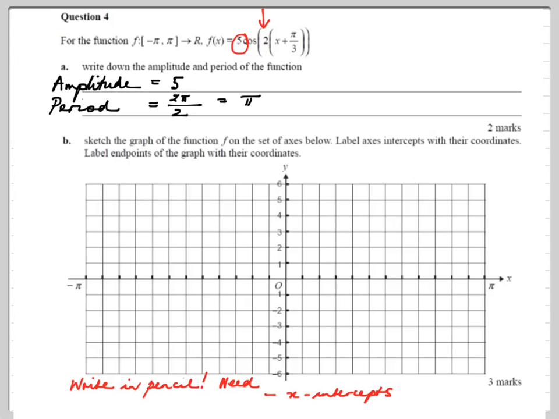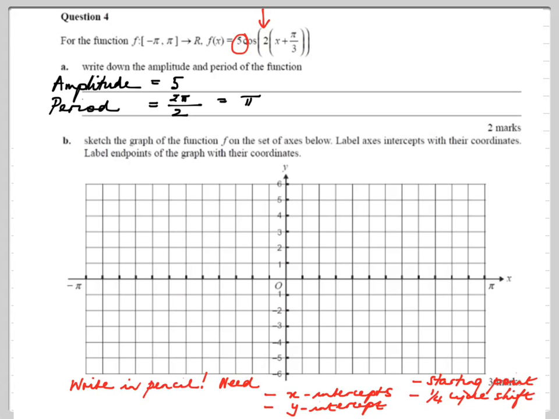Yes. Now we need the x-intercepts, we need the y-intercept, we need the starting point. For cos, if it wasn't stretched vertically, it would just be a normal y equals cos x graph, normally starting at x is 0 and y is 1, wouldn't it? Well, I'm going to work out the new starting point for it, okay?